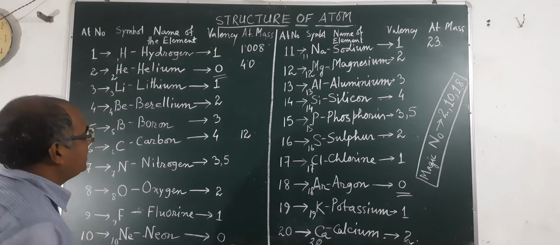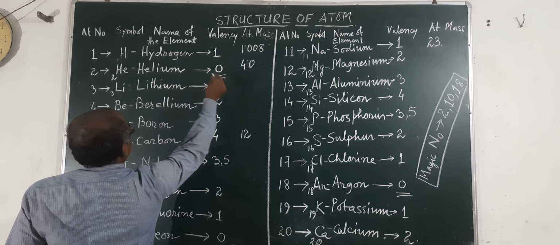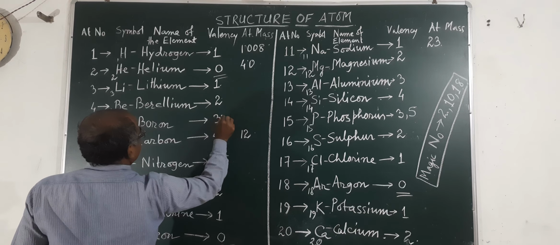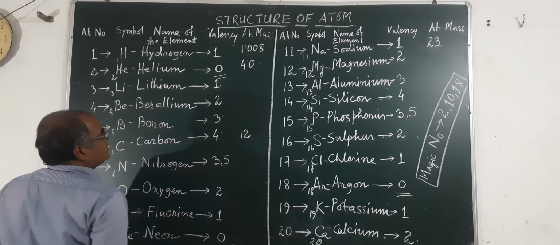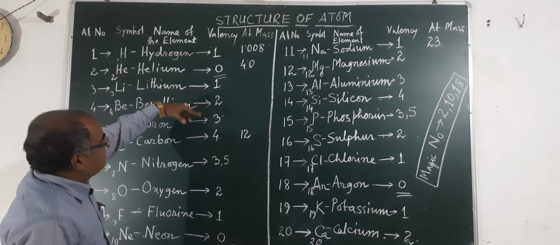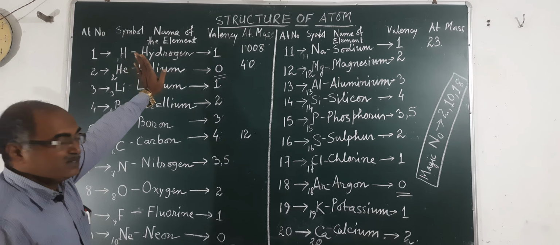Then before 0 it is hydrogen, and after 0 you see 1, 2, 3, 4. From here again you see 1, 2, 3, 4. Hydrogen is an exception; hydrogen always shows positive valencies.